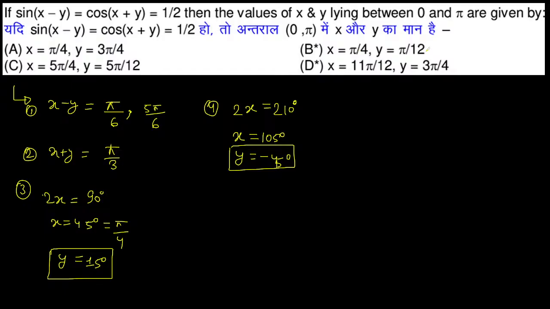Forty-five, then 15. Okay, x and y are lying between 0 to pi. So what can happen? This can go also. This can also go.